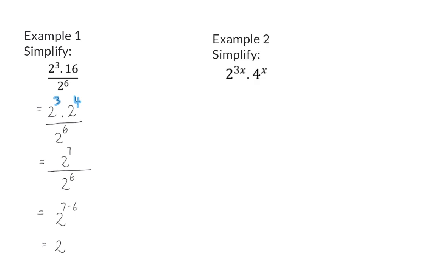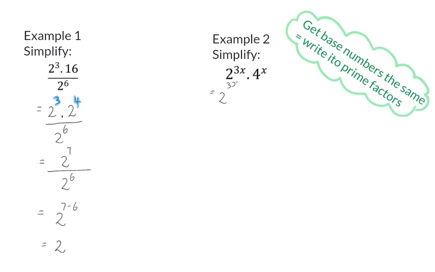In example 2, we now have variables in our exponents, but the steps stay the same. I want to get all the bases the same, and to do that, I will write them in terms of prime factors. So 4 I can rewrite as 2 to the power of 2. Next, I'm going to use the third exponential law, and that law says that when I have one base with two exponents, I will multiply those exponents.